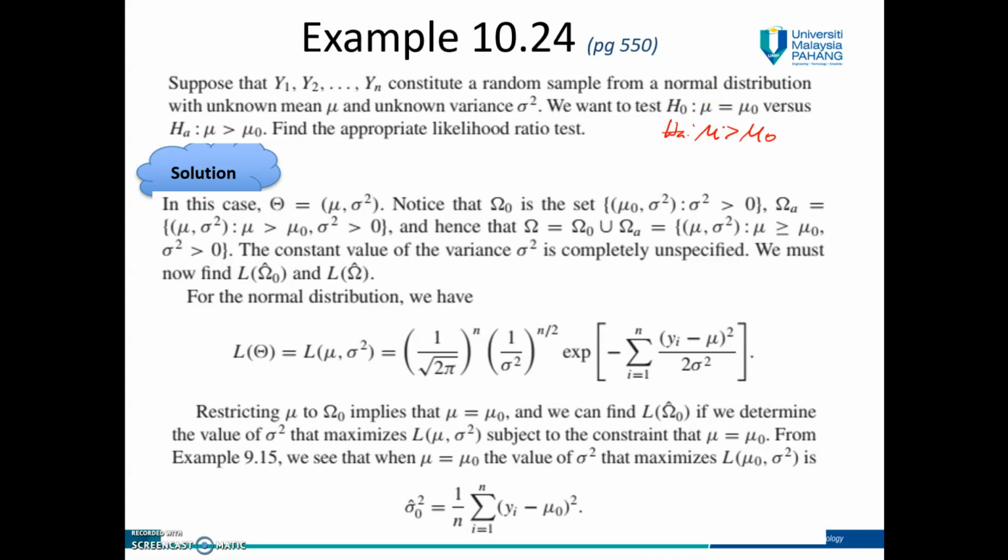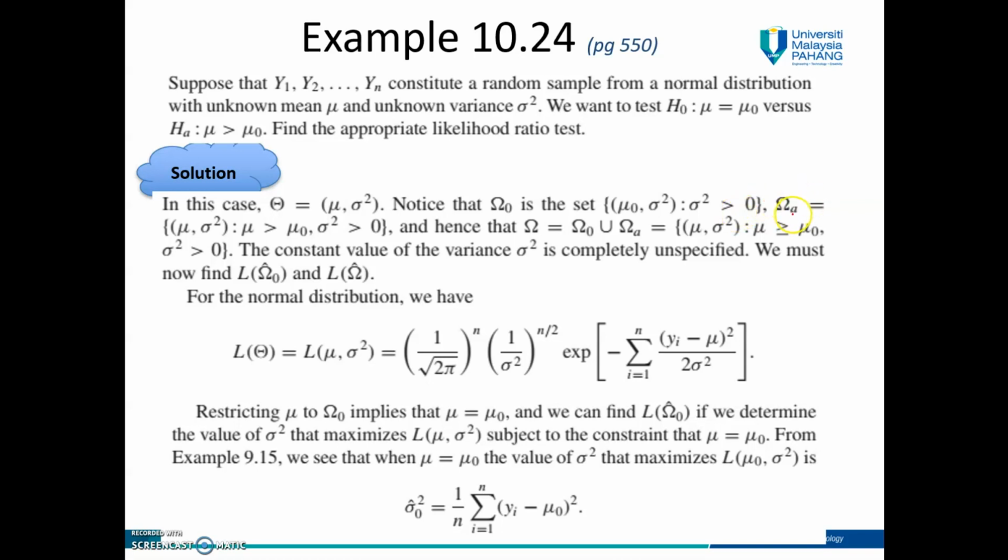So the solution is, you know that big omega, the parameters that you have for the normal distribution, are mu and sigma square. Notice that omega naught is the set of mu naught and sigma square, where sigma square is greater than 0, because variance should be greater than 0.